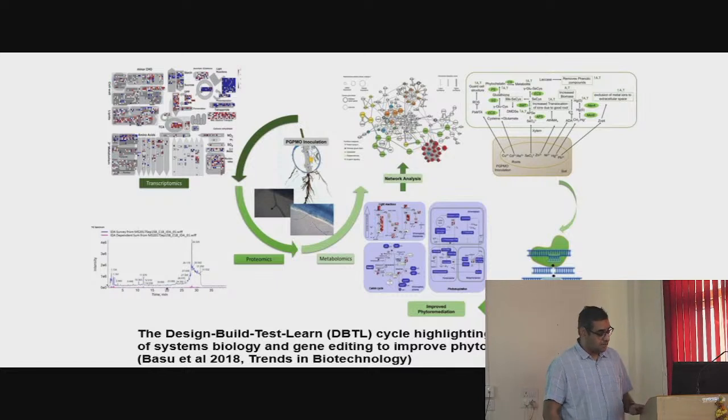Along with that, you should be able to do the network analysis. Network analysis means a specific protein network. If you are able to build the network analysis, which is possible only when you have complete transcriptome data and also the metabolome data, so when you have proteome, metabolome and transcriptome data available, you can build the network.